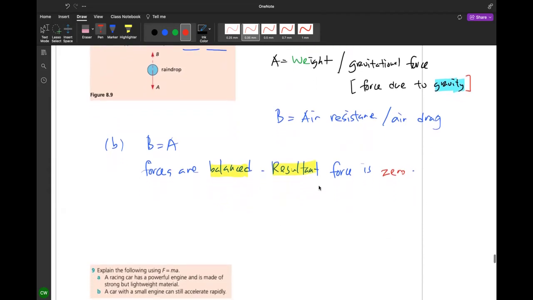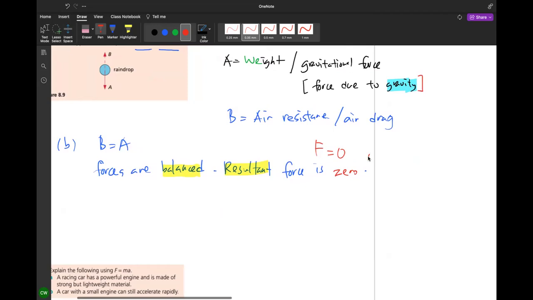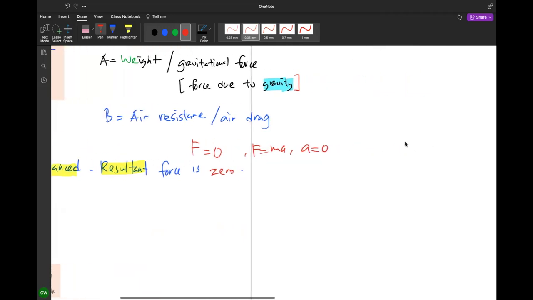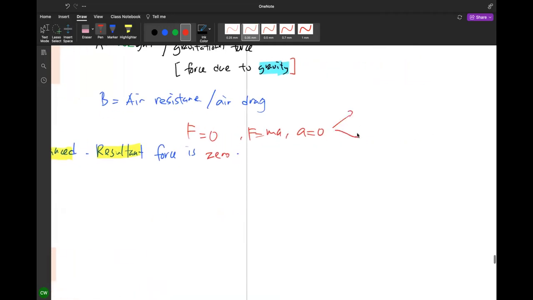If F is 0, one more thing is also 0. F is MA, right? What about the other thing also zero? A is zero. A zero means two things.